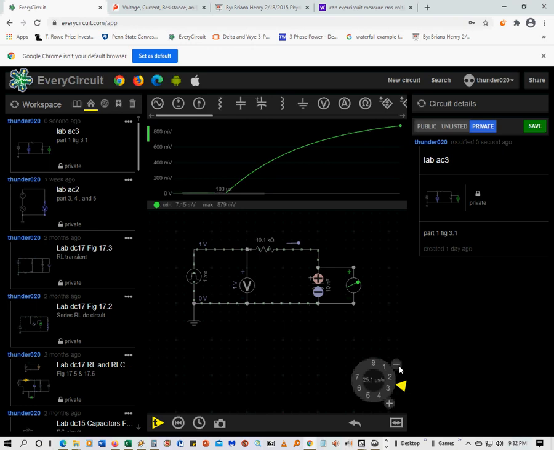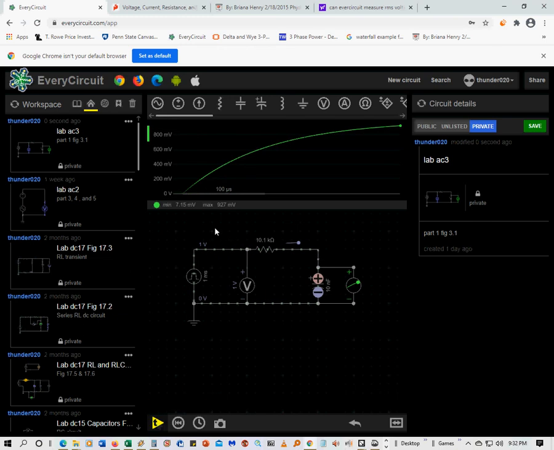I picked 25 just as a nice round number. So when I go to here and take a shot of this, this is where the 100 is, and that's going to be about 630.